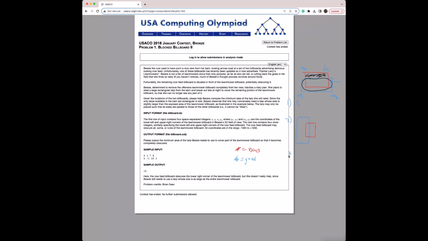So the third case is going to be when we don't have the good billboard being wider in the x dimension or the y dimension than the bad billboard. That basically means that it's going to look something like this.